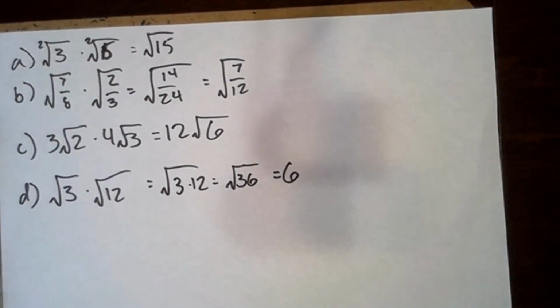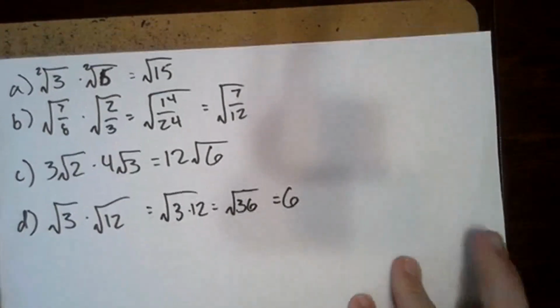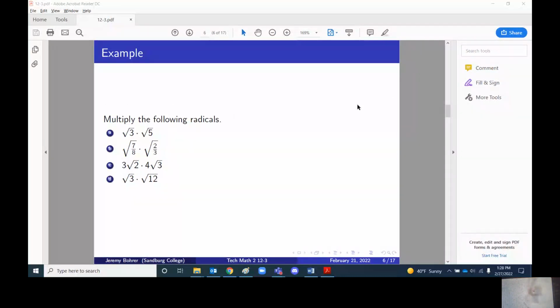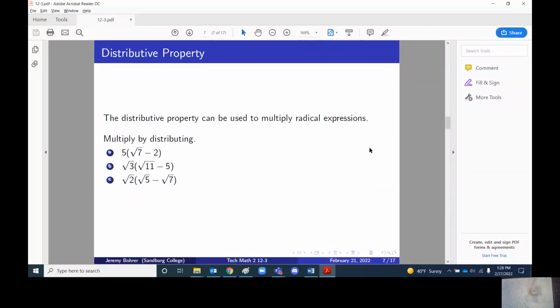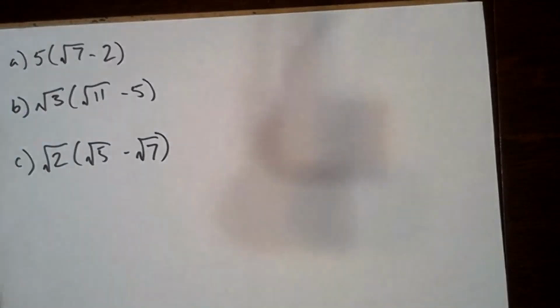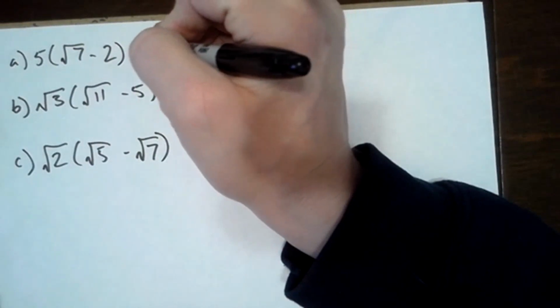Next up. Here we're asked to multiply by distributing. Just using our rule for distribution, the distributive property. We've got 5 times the square root of 7 minus 2.